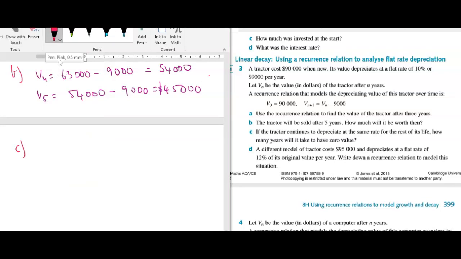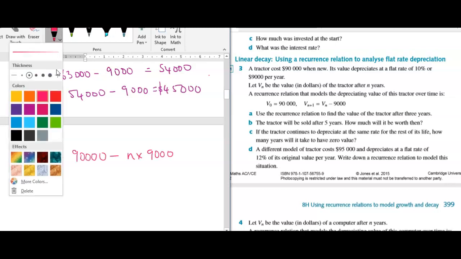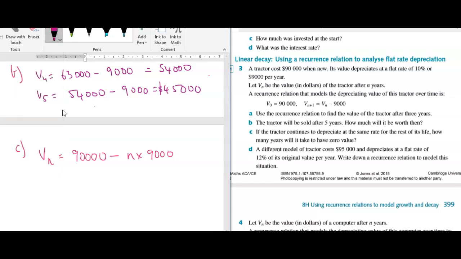They've given us the recurrence relation, but basically we can say Vn is equal to your starting value, 90,000, minus n times 9,000. So if we want Vn to be 0, we're just solving for n.